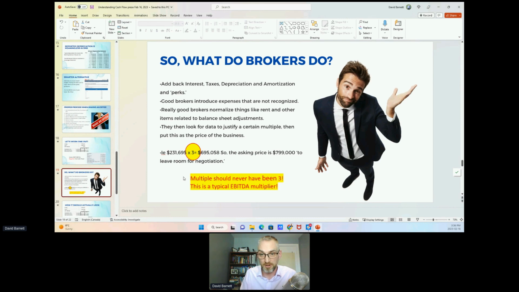It's very, very important. In the world of SDE, anything above like 2.5 is getting expensive, very expensive, because the owner's salary is included in SDE. And when you look at EBITDA multipliers, it's a whole different league. Small businesses might sell for 3 times EBITDA, and machine shops with a lot of equipment might sell for 4 times.